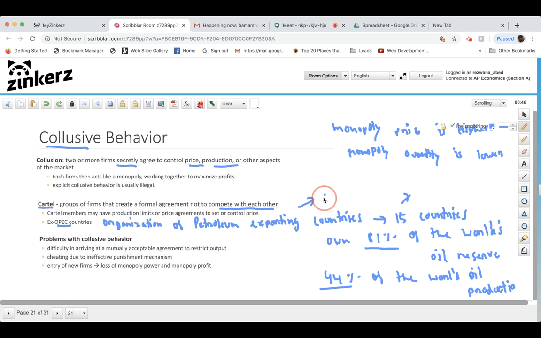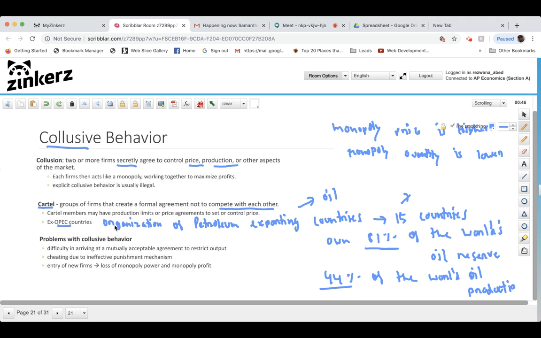They want to avoid the fluctuations that happen in the world economy. So they formally meet and agree on a price of oil, and how much each country is going to produce, and this way they can help each other by not competing with each other.